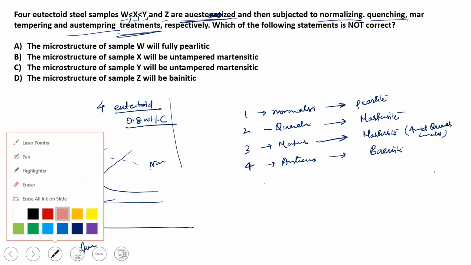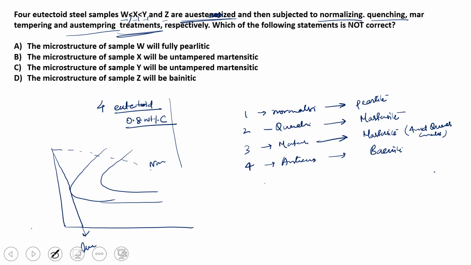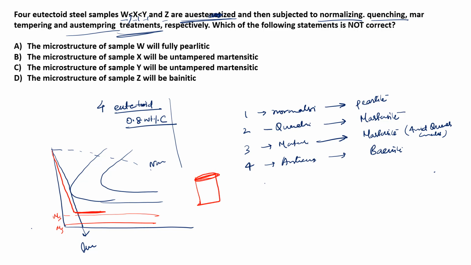But when you go to this Mar tempering, so we have MS over here, there's MF. So we'll go like this, but just above this MS we will hold, so that, suppose this is the sample, it has got some thickness, the temperature of this center is equal to the temperature of this external.